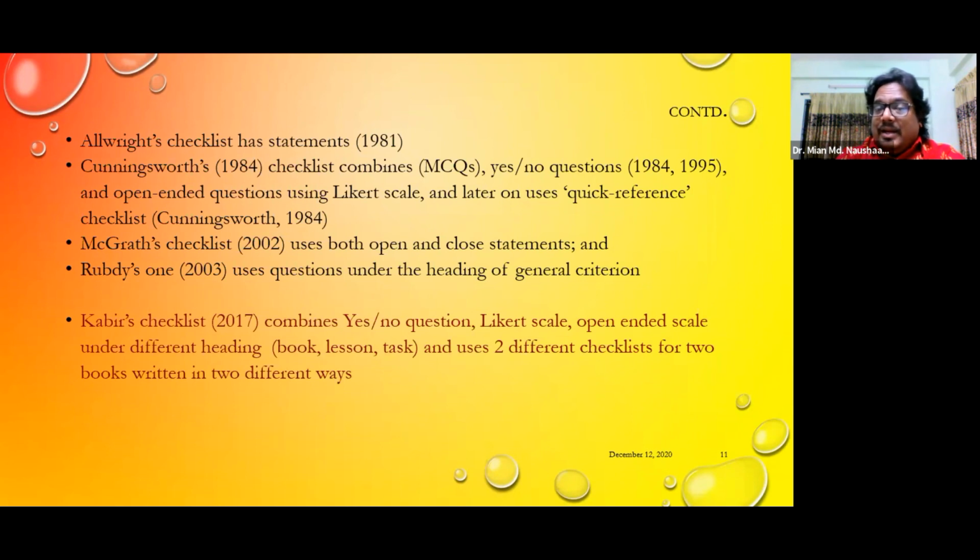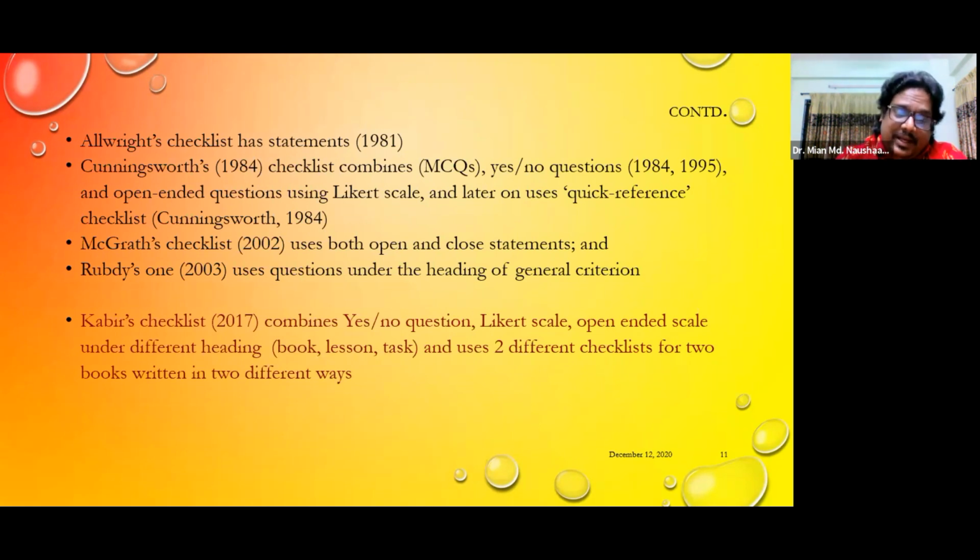But in 1995, when he modified his own checklist, he prioritized yes/no questions and a quick reference checklist. McGrath used both open and closed statements, and Rabdi used questions under the heading of general criteria or different criteria, something like that.